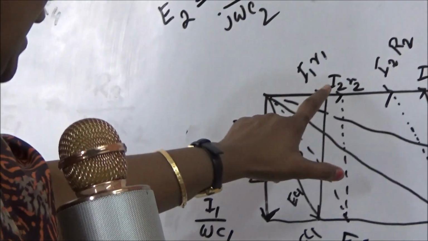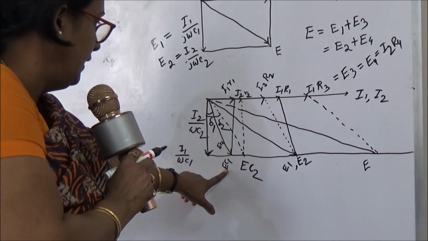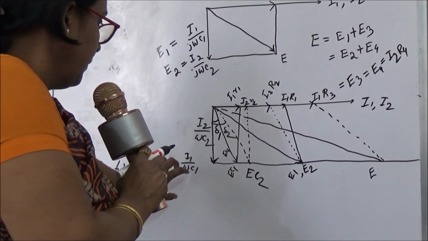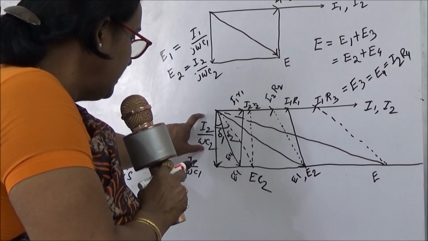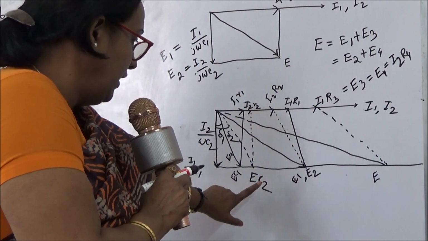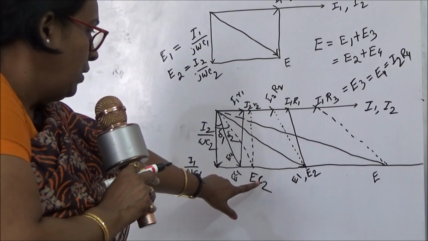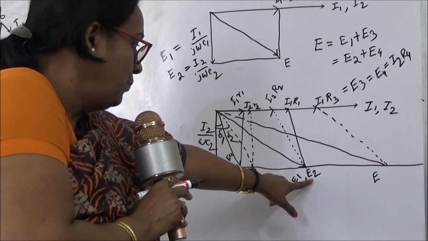This drop plus I1 R1 drop is equal to EC1. Similarly, I2 by omega C2 drop plus I2 R2 is equal to EC2. So EC2 plus I2 R2 is E2.